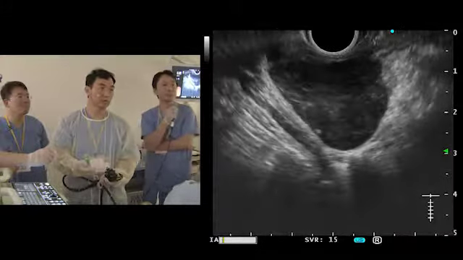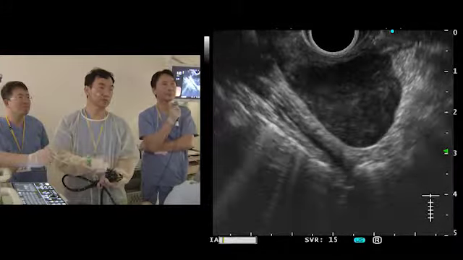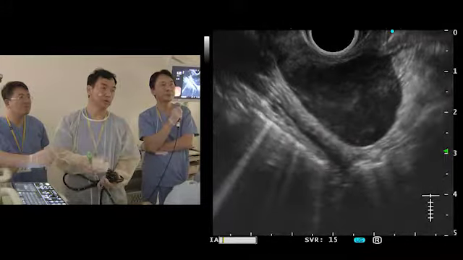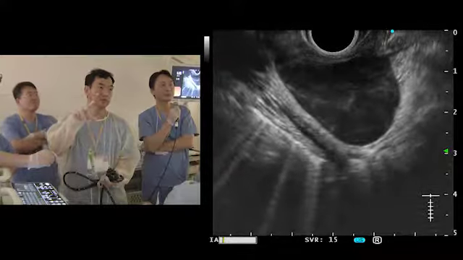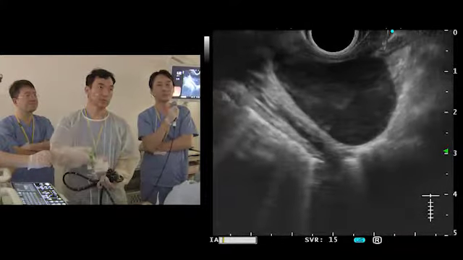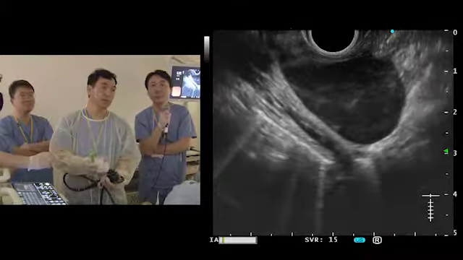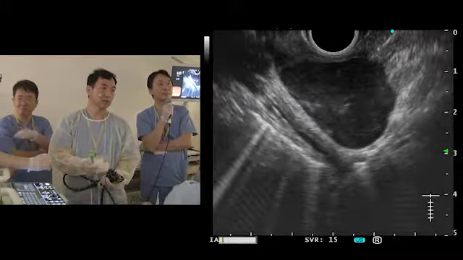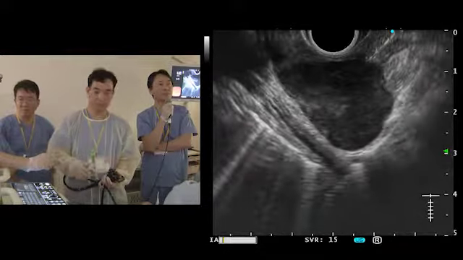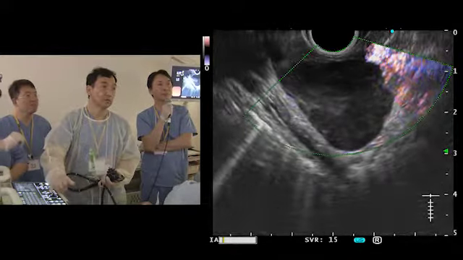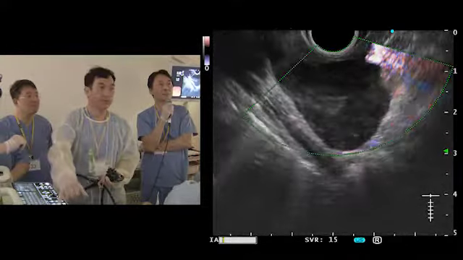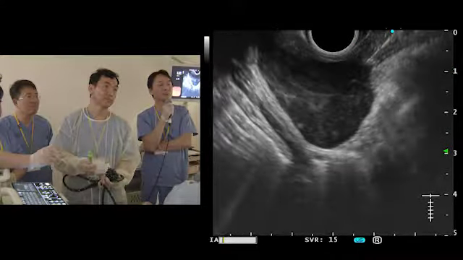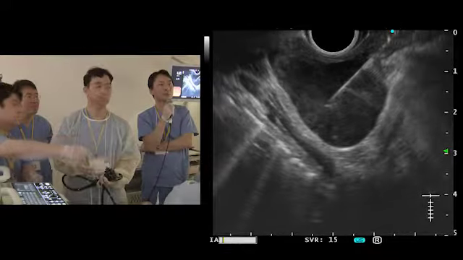As you remember, Dr. Holz gave us a great lecture about the biopsy, and this is the needle with three prongs. They call it the Franseen type needle tip. The advancement of the needle can be a little challenging, but once you have a good direction and there are no intervening vessels, you just decide to put the needle in.